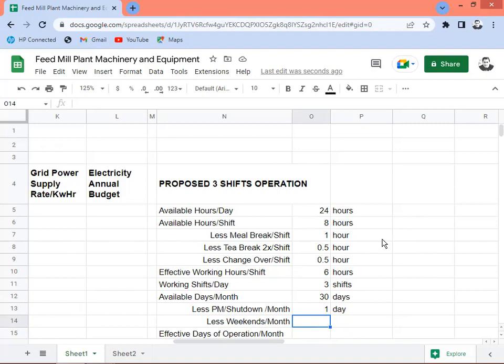In Muslim countries, usually in Arab countries, they have Thursdays and Fridays as their weekends, and for Christian countries, they have Saturdays and Sundays. So that would be 2 days in 1 week. There are 4 weeks in 1 month, so therefore that would be 8 days off, right?